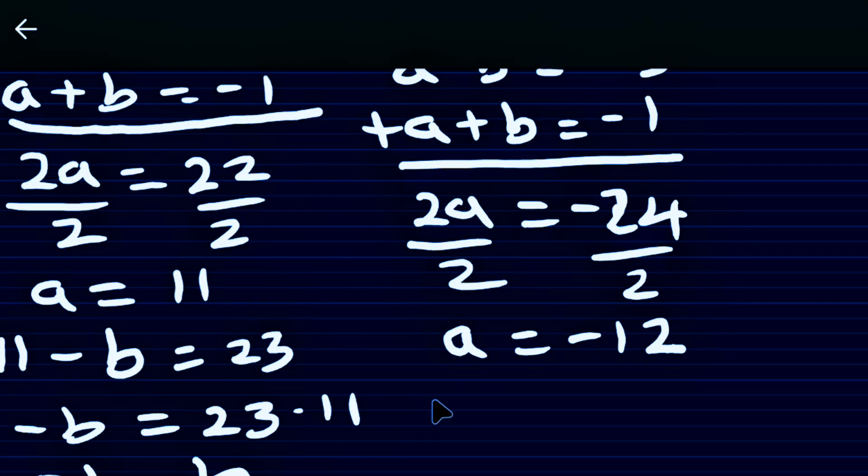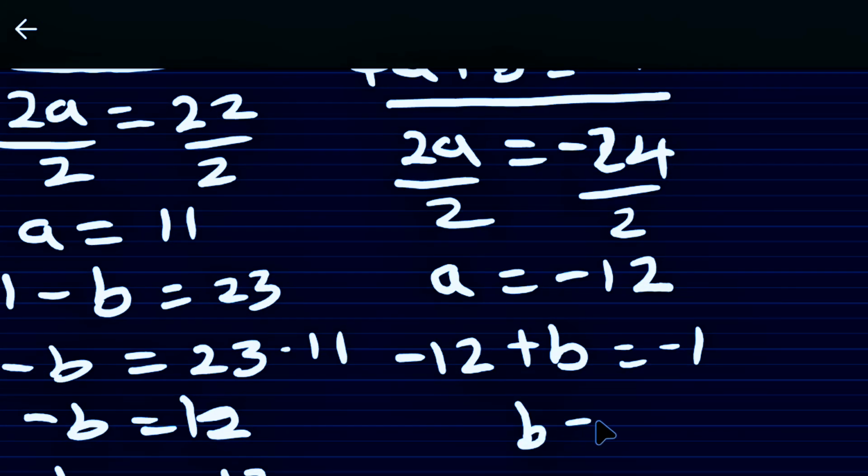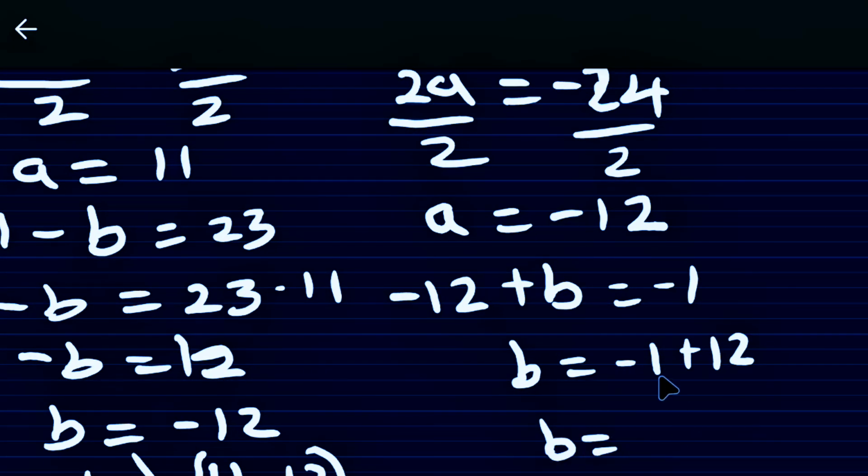From equation 3, if we substitute the value of a, which is minus 12, we are going to have minus 12 plus b equals minus 1. So b here will be equal to minus 1 plus 12, which gives us a positive 11.